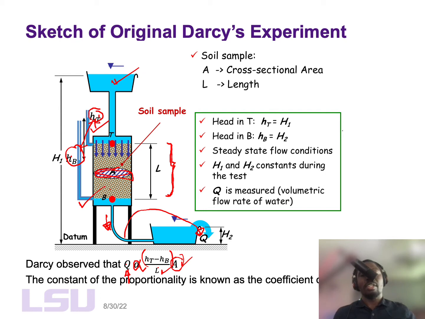Flow rate is directly proportional to the area of the sand bed, but it's inversely proportional to the length of the sand bed, and it is directly proportional to the difference in pressure head. And then the constant of proportionality is referred to as the permeability.